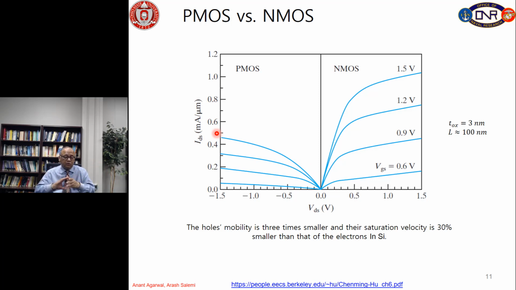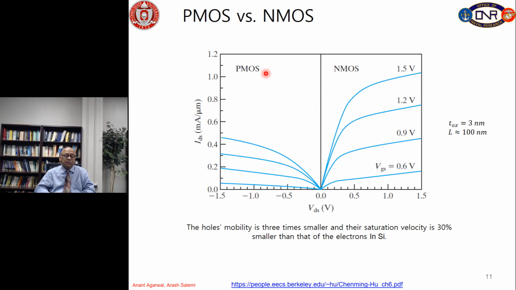Together, NMOS and PMOS in a technology, when they exist together, the technology is called the CMOS technology, and today a lot of digital and analog circuits consist of CMOS transistors, that is both NMOS and PMOS transistors.